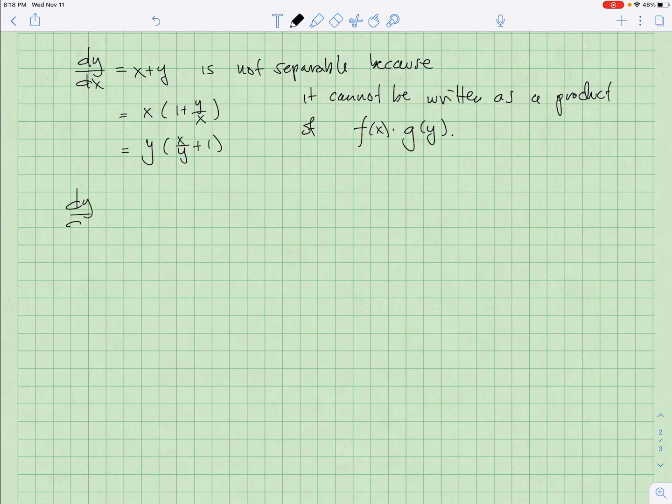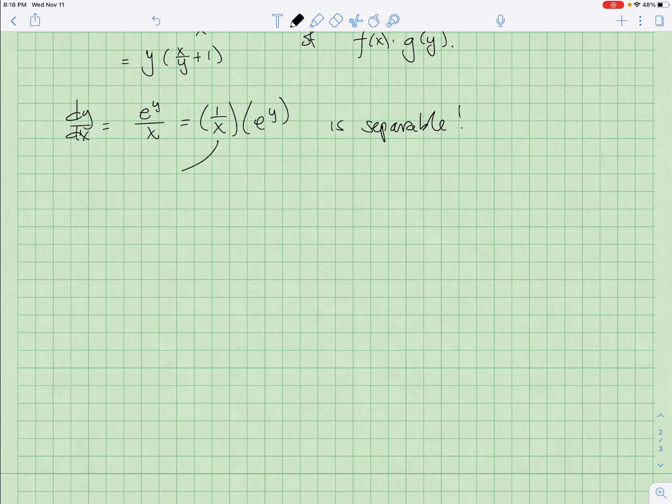Whereas something like dy over dx equals e to the y divided by x is 1 over x times e to the y, is separable. Where here f of x equals 1 over x and g of y is equal to e to the y.